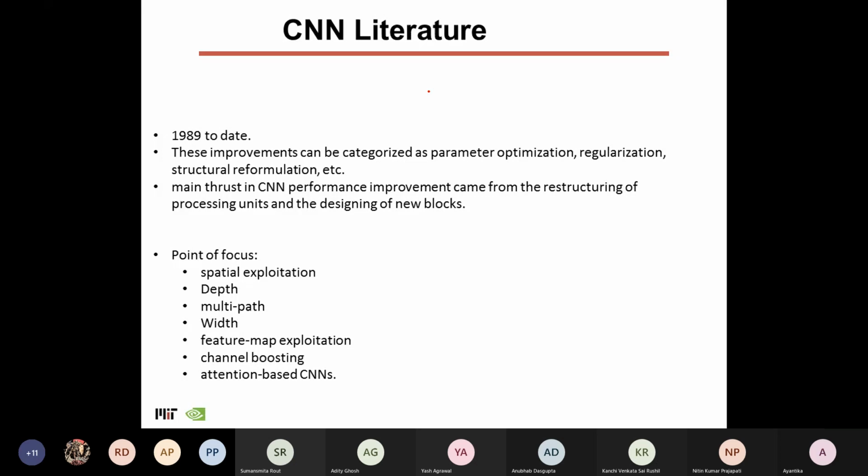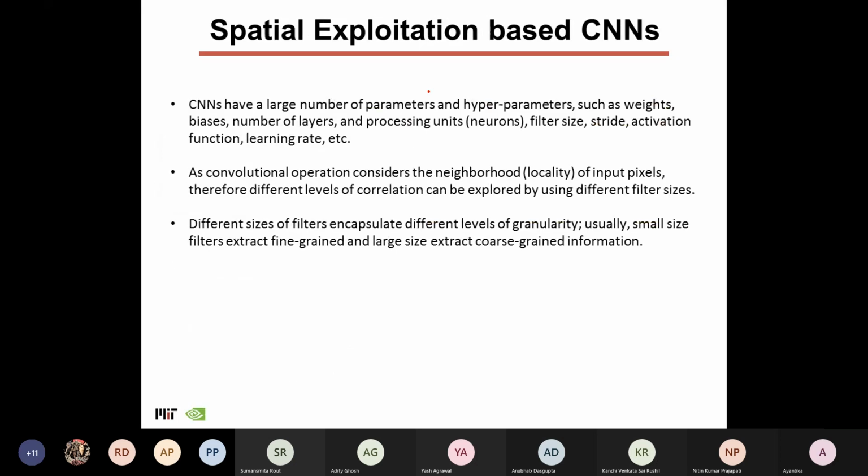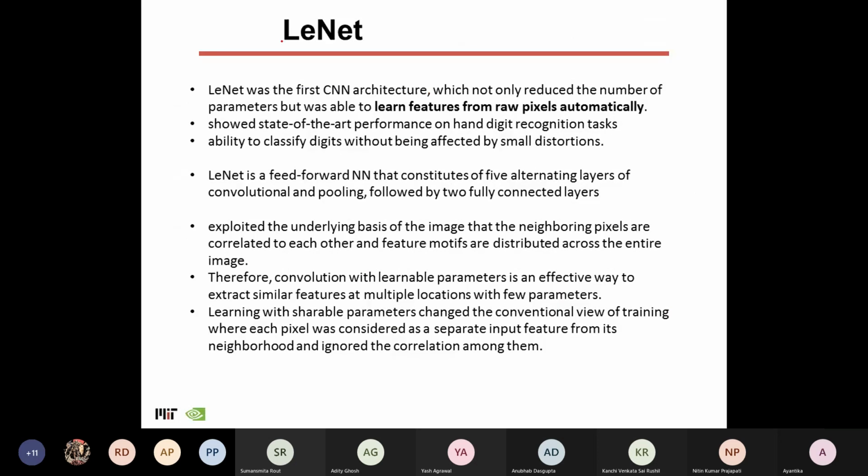Now we will see that LeNet was the first CNN architecture, and it started with these basic components. Next, coming to AlexNet, we will talk about GoogleNet. All of them are basically considering some rearrangement of these filters, of these convolutions, with a certain purpose.